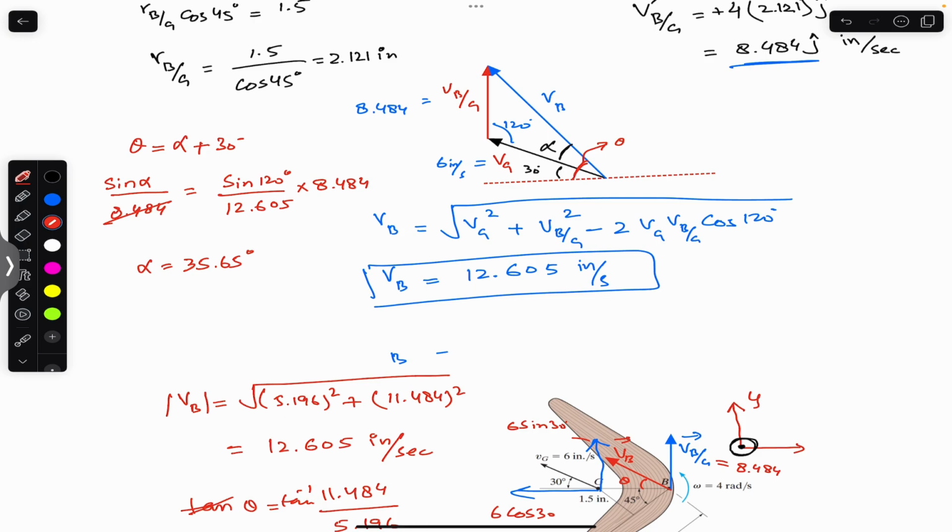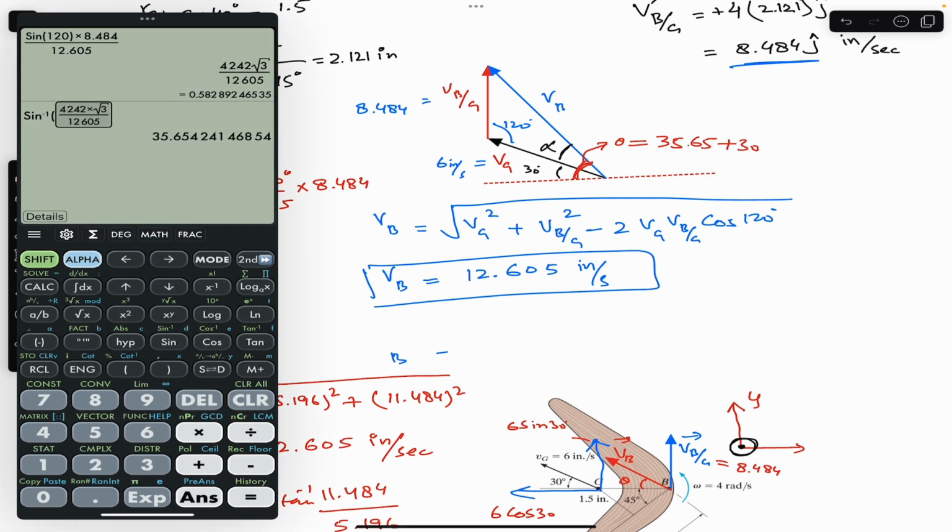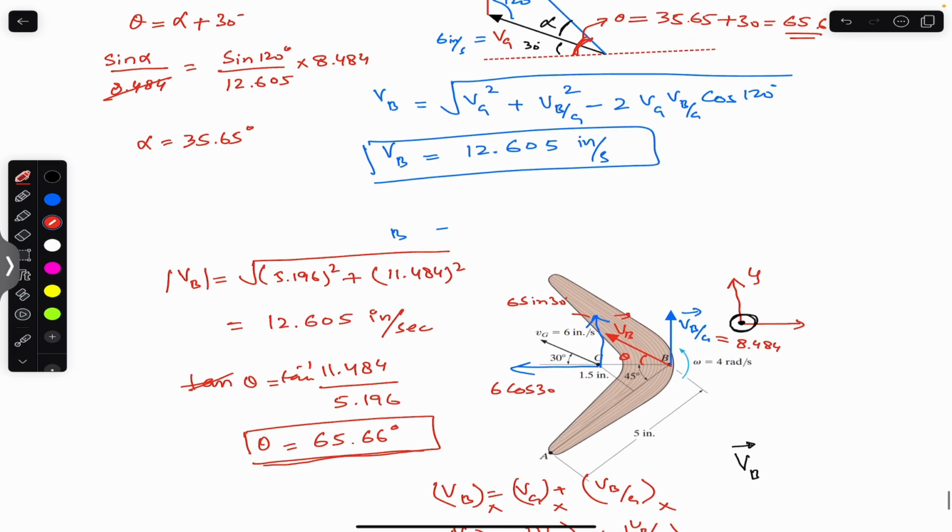Theta is alpha plus 30, so we add 30 degrees to this. This angle theta is 35.65 plus 30, which gives us 65.65, approximately 65.66 degrees, right? So we got the same angle theta.